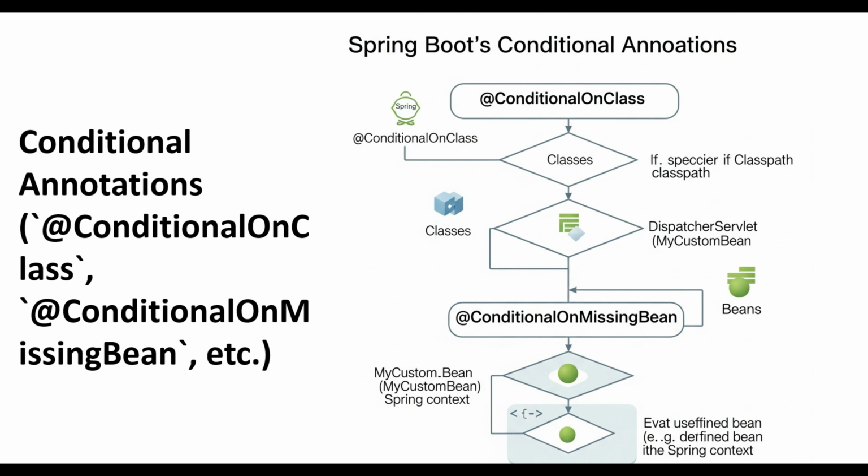If it is conditional on missing bean and that particular bean is not found, it is going to override the default configuration whatever is there. There are some others, like conditional on property and conditional on expression. It is going to activate based on the properties or the expression that are there.